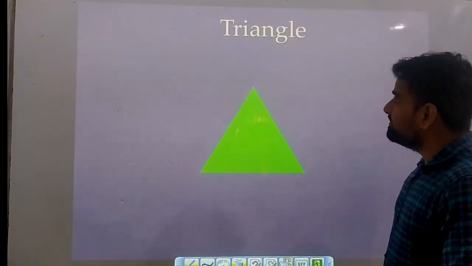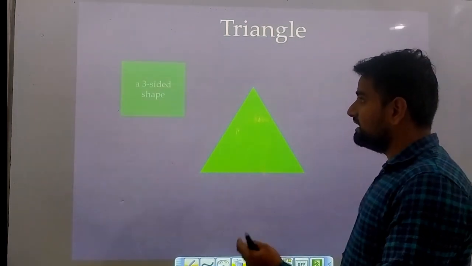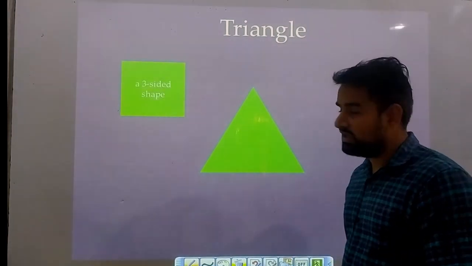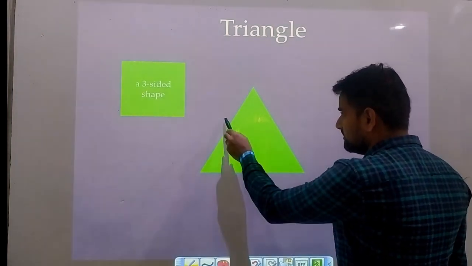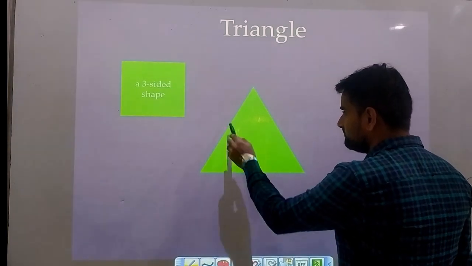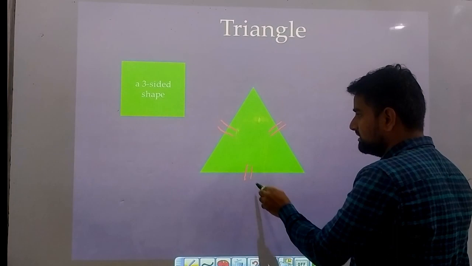So let us say this is a triangle, as you can see. Basically it's a three-sided shape. So it has three sides, right? If I mark it here, this is the first side, this is the second side, and this one is the third side.